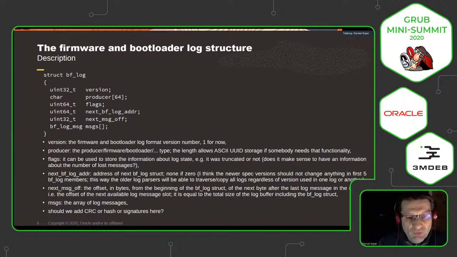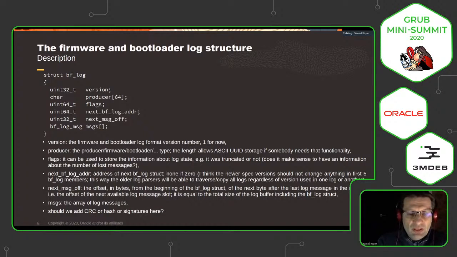After that, we have a flags member, which can be used to store information about the log state. At least one state which can be interesting for the operating system is whether this log was truncated or not.